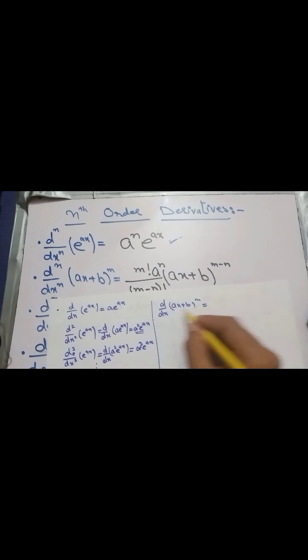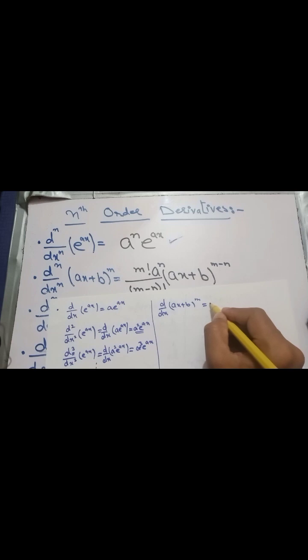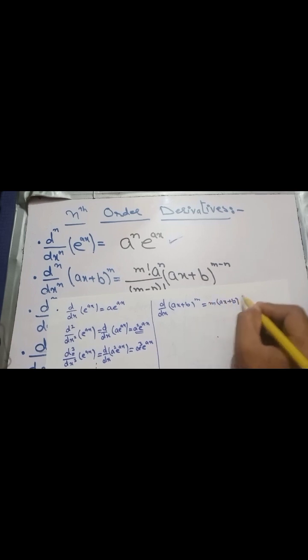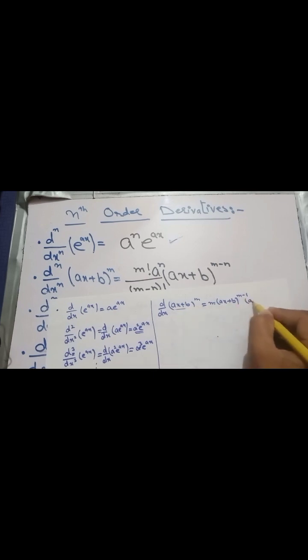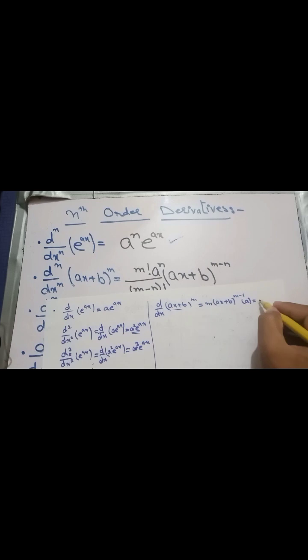When we take the first derivative, we use the power rule: m at the start, ax plus b power m minus 1, and after that the derivative of the inner function gives a. So the answer is m a times ax plus b power m minus 1.